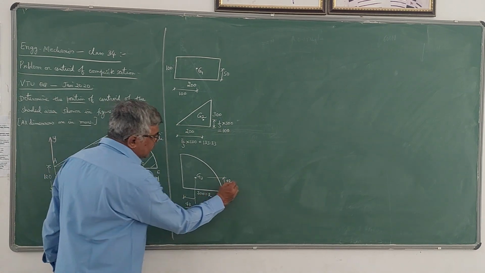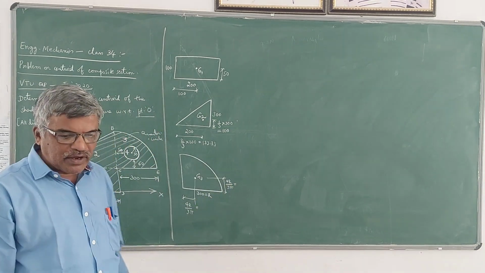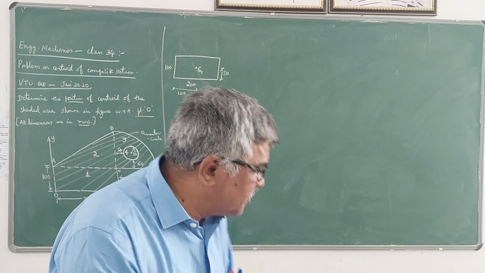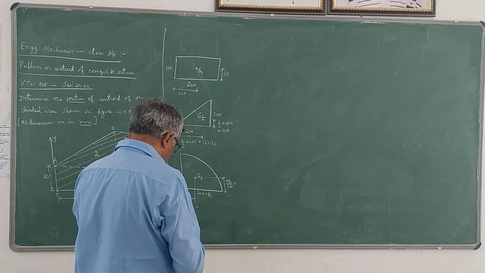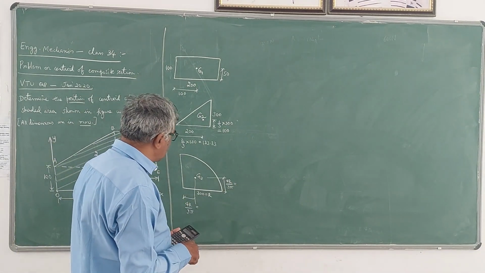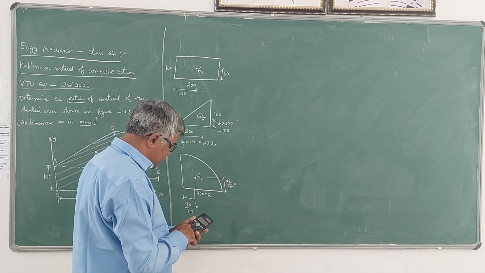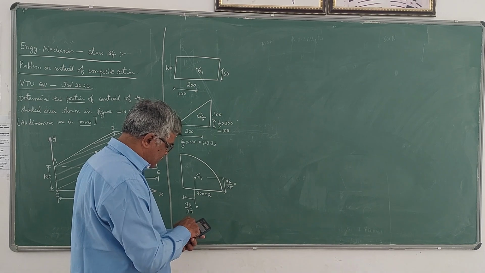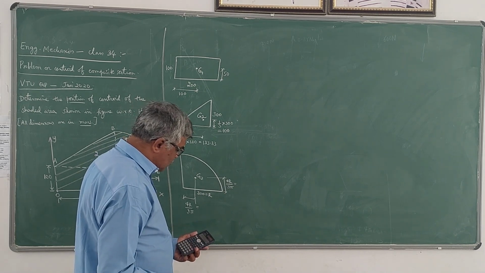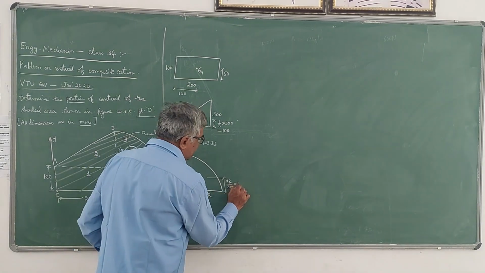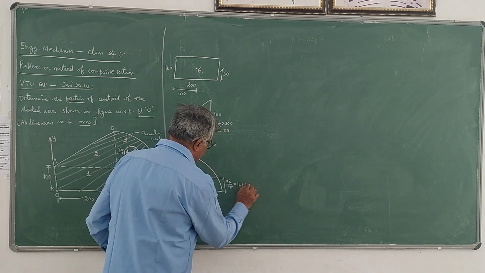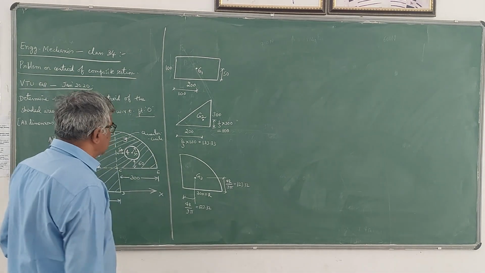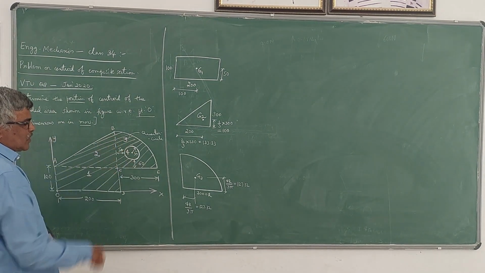So you can calculate this. So 4r by 3 pi will be, r is 300 if you substitute, 4 into 300 is 1200 divided by 3 pi. So the value is 127.32. It is also 127.32. So that is the location of centroid of this quarter circle.